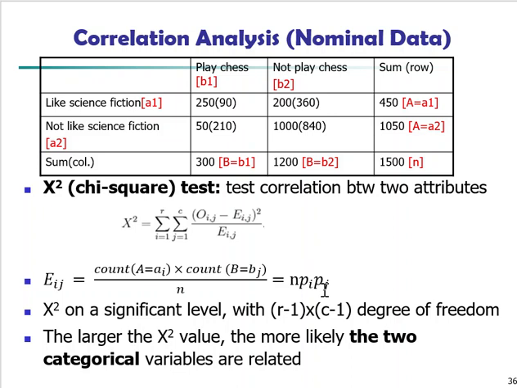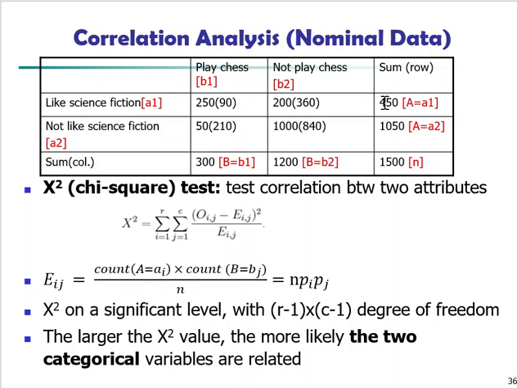Assuming those two variables are independent, their joint probability is just a simple product of the two individual, marginal probabilities.